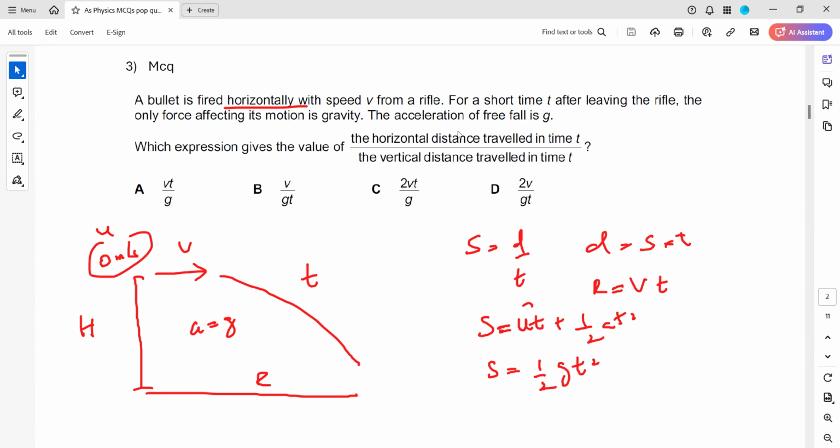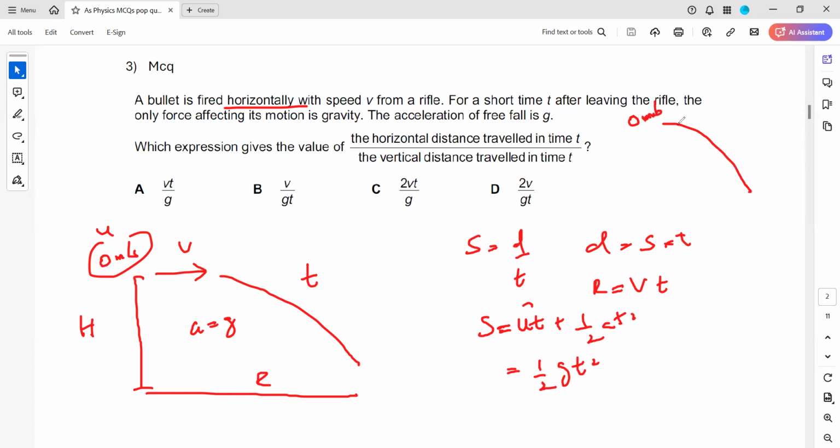Why not vertical velocity, just g? No, g is not the vertical velocity, because the vertical component of the velocity in projectile motion, when a projectile is dropped from a certain height, at the start it is 0.